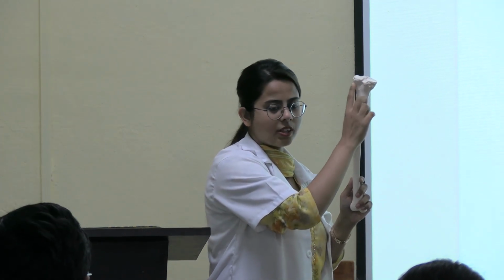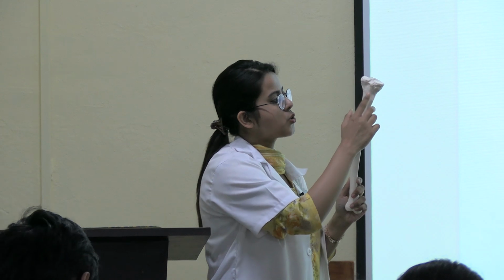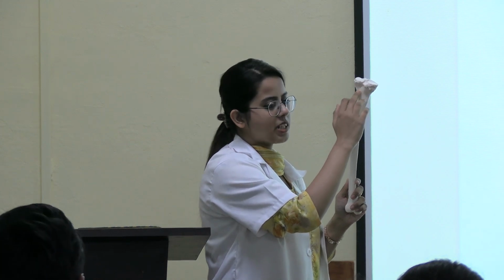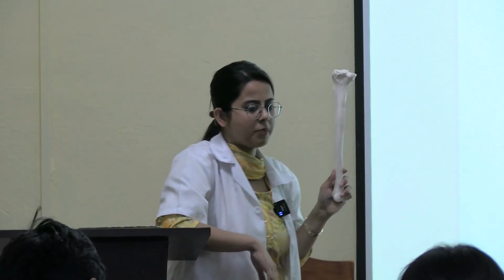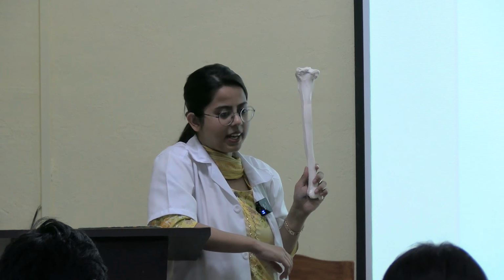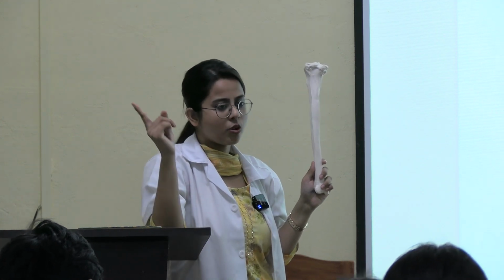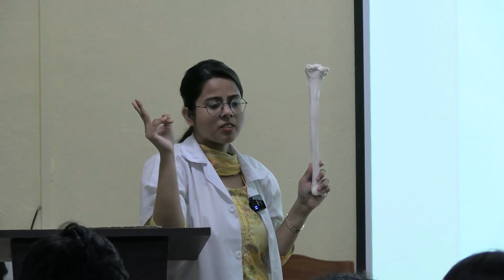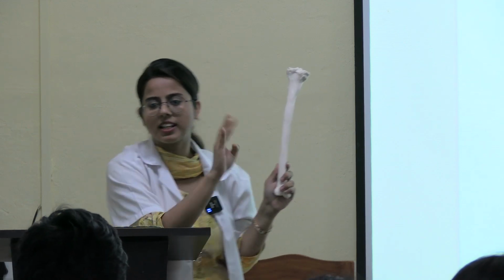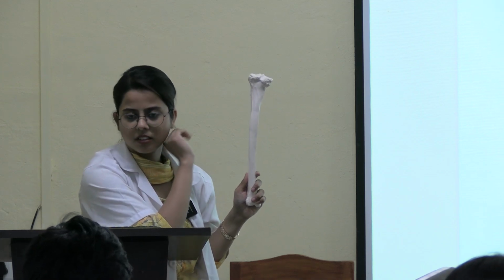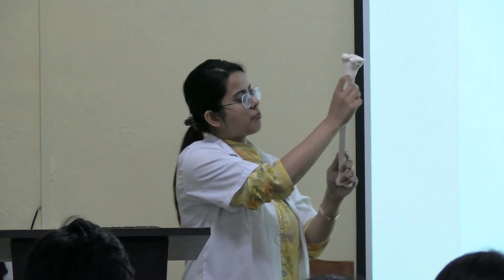So fascia covering the popliteus muscle and soleus will also be attached to the soleal line, and also deep fascia of leg will be attached. These three structures will be attached. First is soleus muscle, second is fascia covering popliteus and soleus muscle, and third is deep fascia of leg. Clear? In this upper triangular part, popliteus muscle will be attached. Clear?